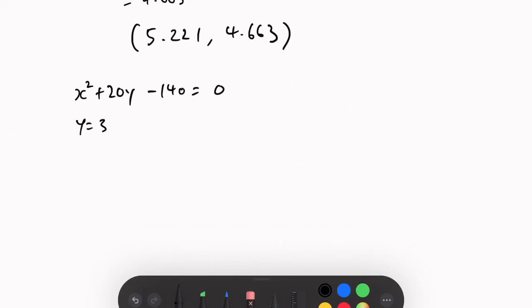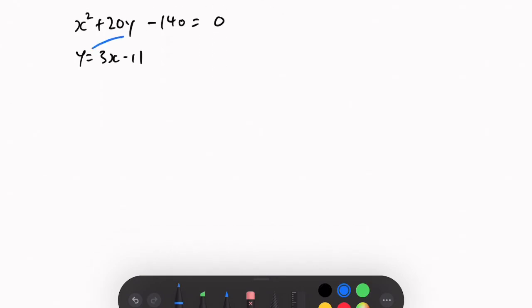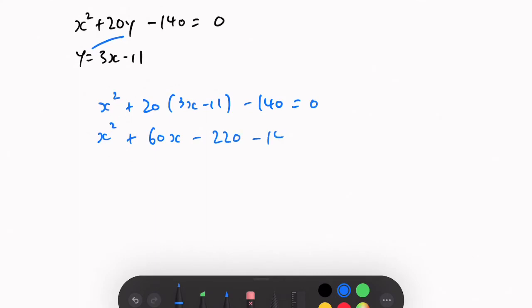And y equals 3x minus 11. Now just substitute y into there. X squared plus 20 bracket 3x minus 11 minus 140 equals 0. X squared plus 60x minus 100. Hang on, that's not right. 220 minus 140 equals 0. And you should get x squared plus 60x minus 360 equals 0.